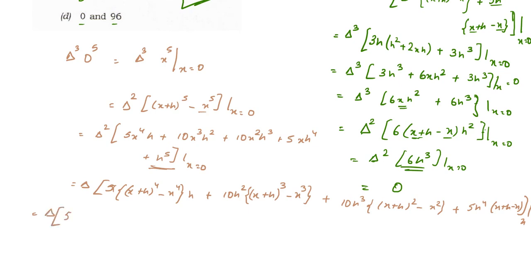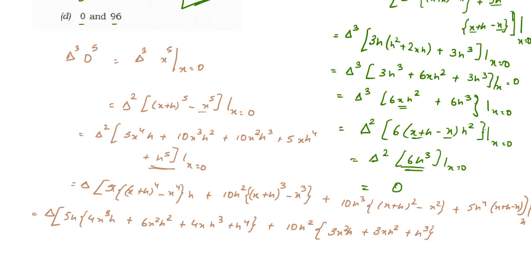Simplifying this further, here we have delta. First is 5h, and we need (x plus h) whole to the power 4, so this will give us 4x cube h plus 6x square h square plus 4x h cube plus h to the power 4 plus x to the power 4. This is simply the (a plus b) whole to the power 4 formula. But minus x to the power 4 gets cancelled, so we are left with this much, plus 10h square. This is (a plus b) whole cube, which is 3x square h plus 3x h square plus h cube.